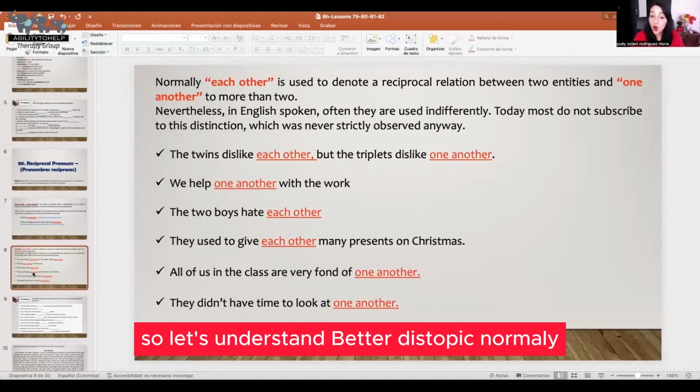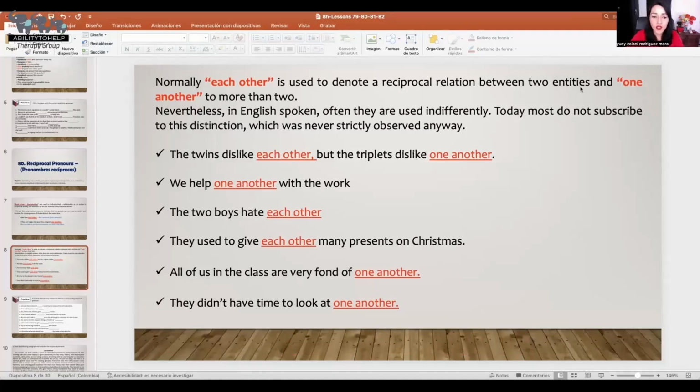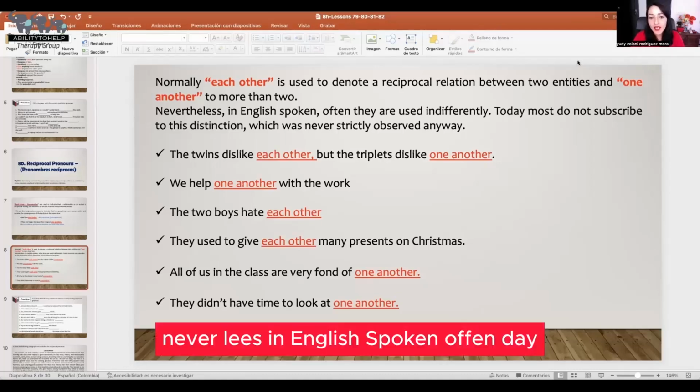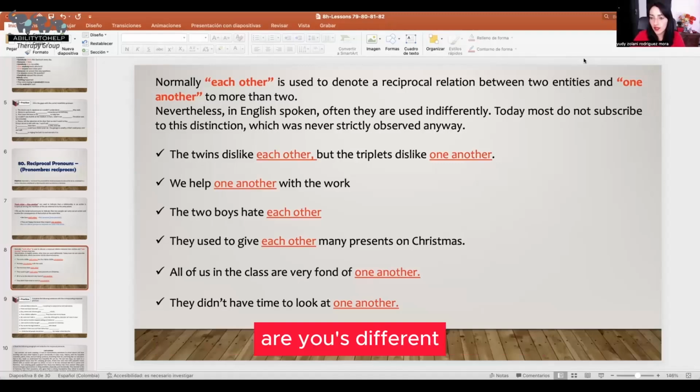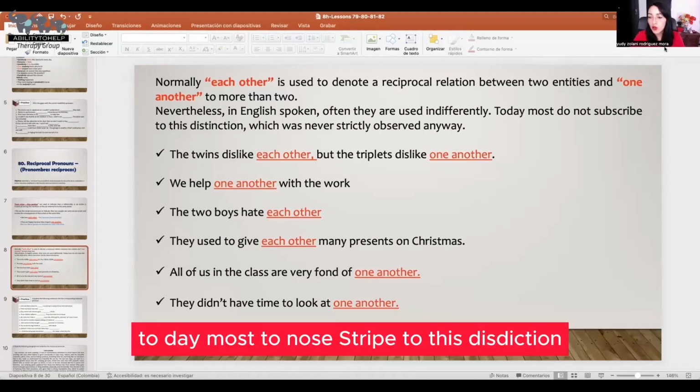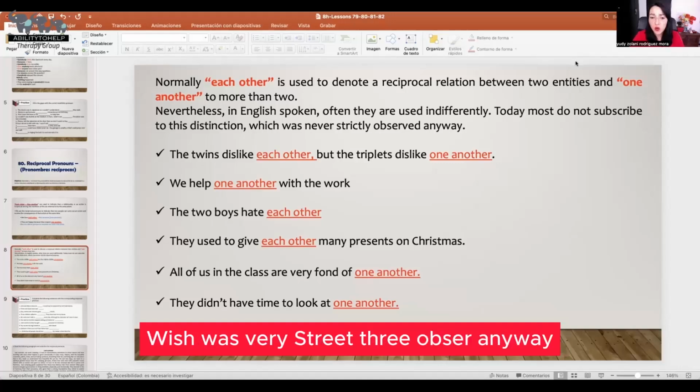Normally, each other is used to denote a reciprocal relation between two entities and one another for more than two. Nevertheless, in spoken English, often they are used differently. Today, most do not subscribe to this distinction, which was very strictly observed anyway.